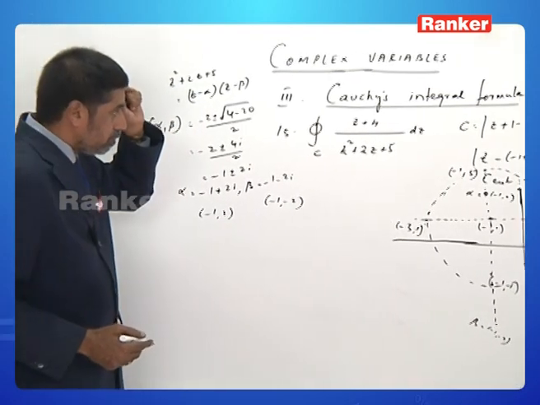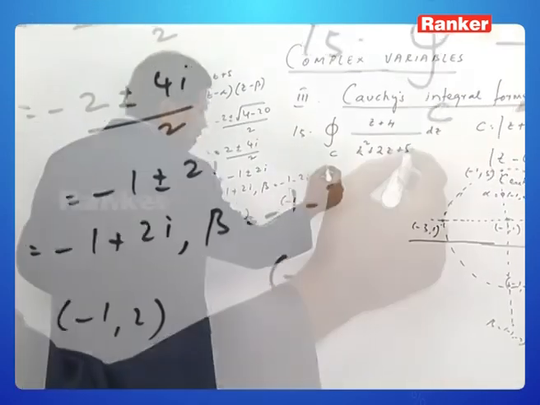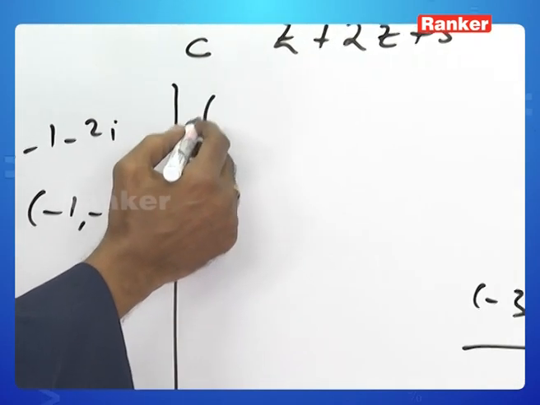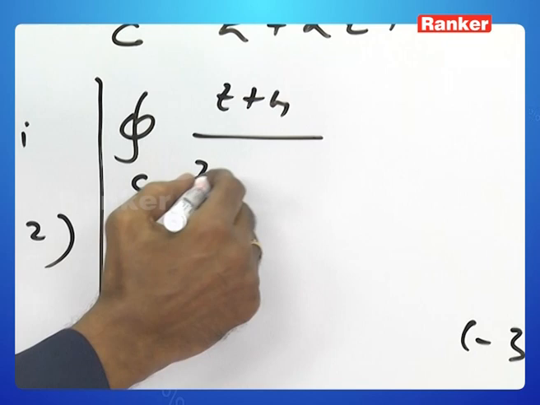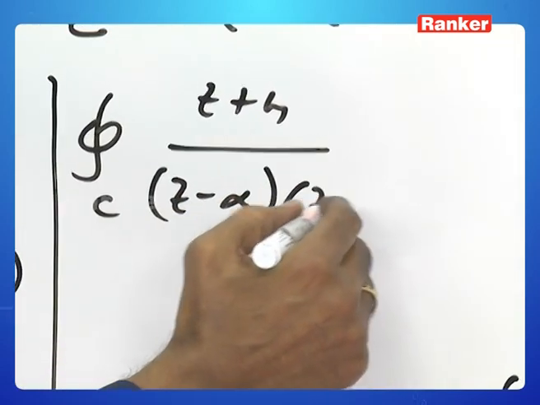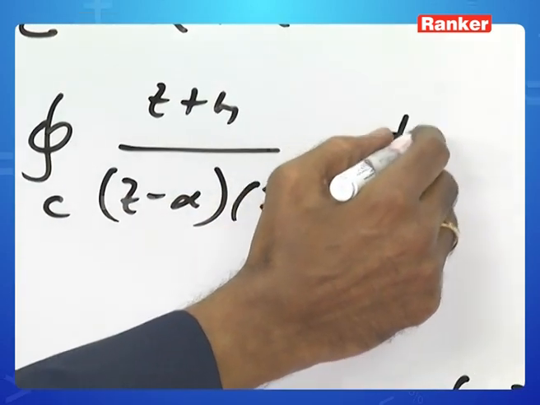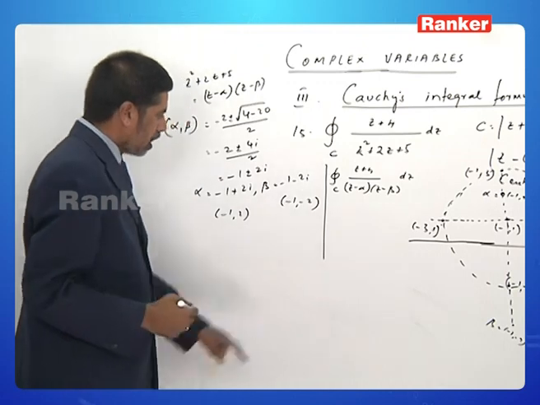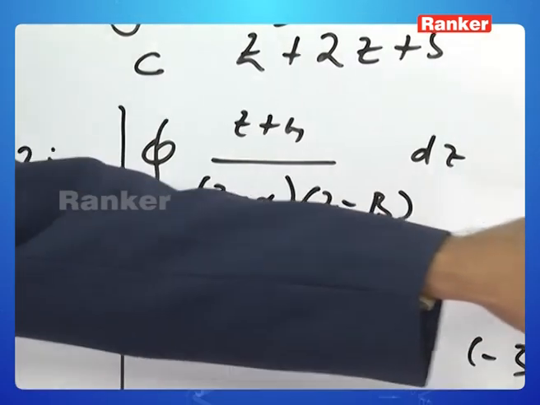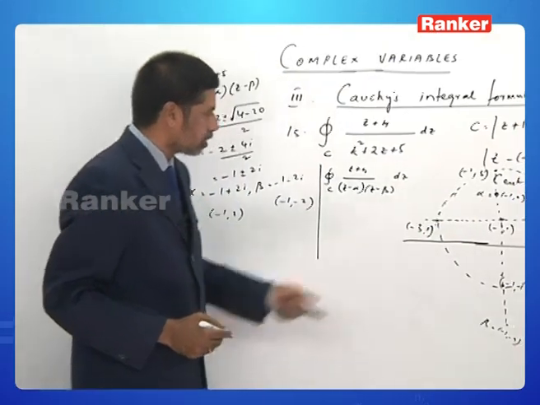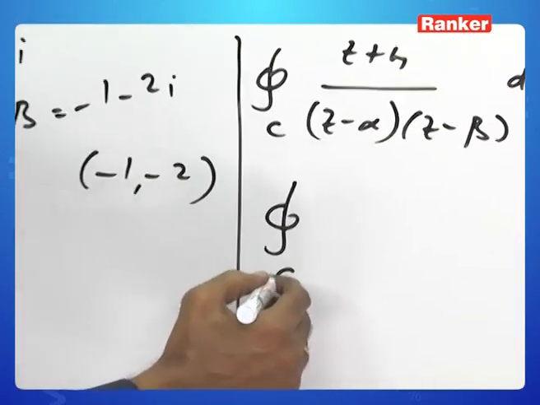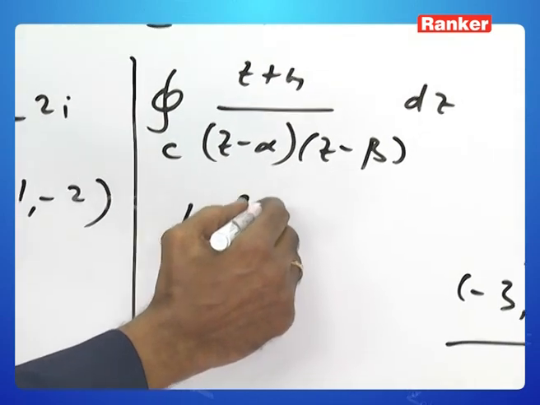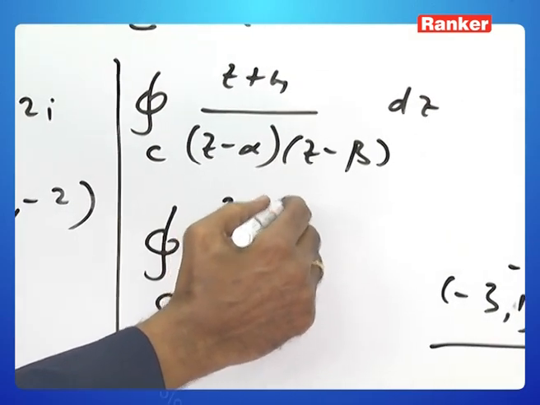So what does this mean? It means if you can write z plus 4 by z minus alpha into z minus beta, alpha is inside the contour but beta is outside the contour. Therefore, this z minus beta can be promoted to the numerator because it is not a singular point.